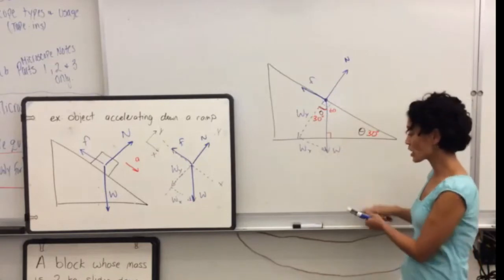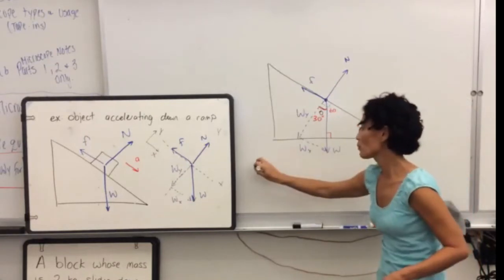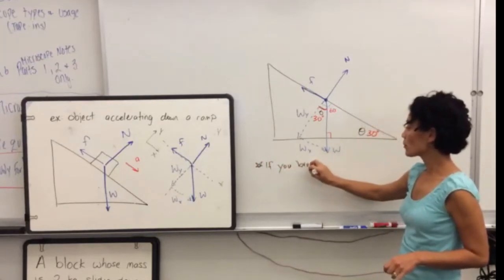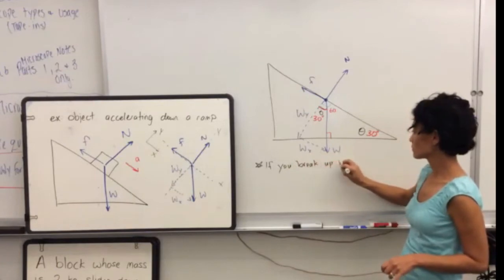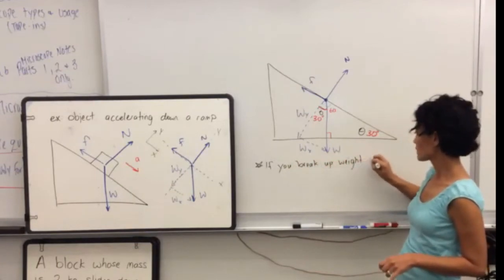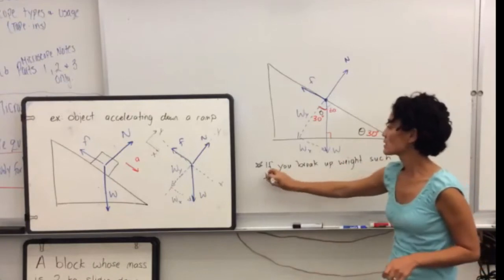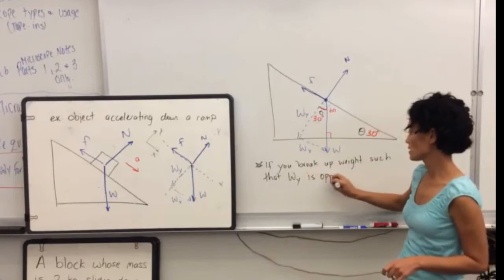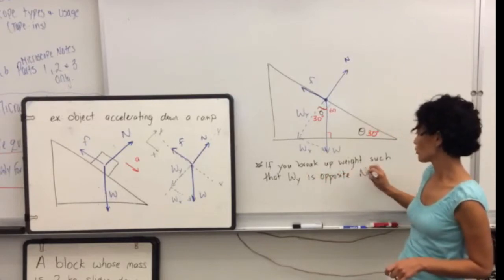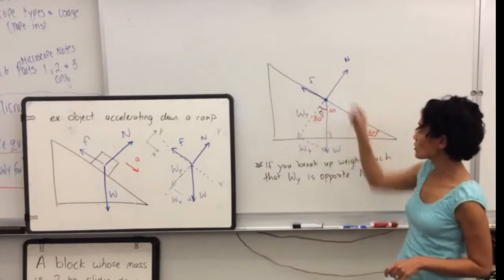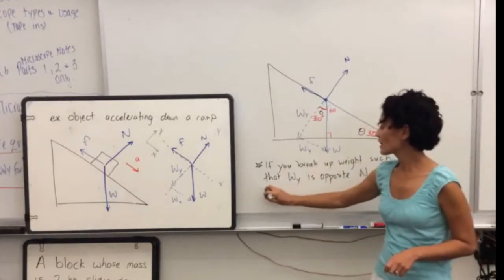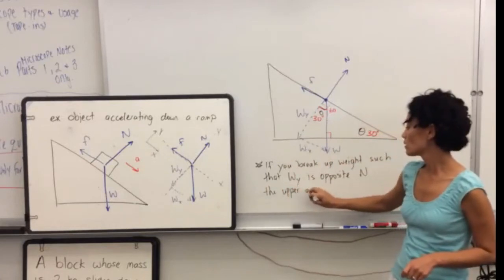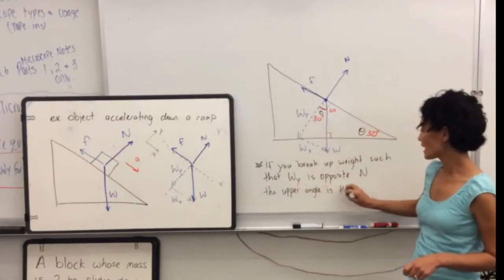And so that is a general truth, and this is for inclines. If you break up weight such that Wy is opposite the normal force, then that upper angle is the angle of the incline.